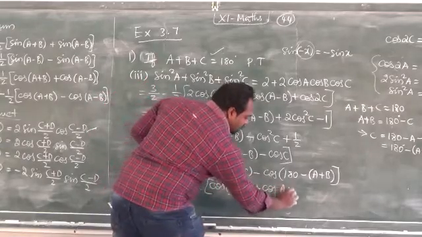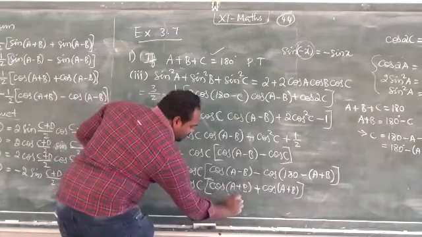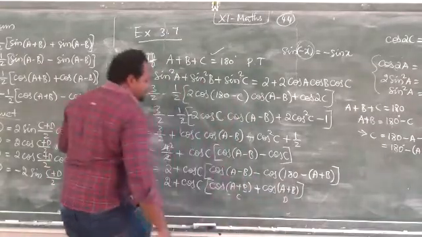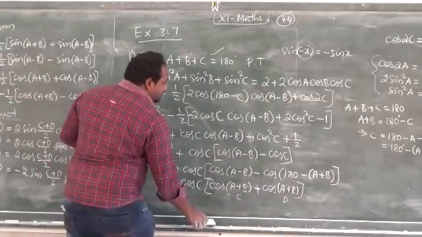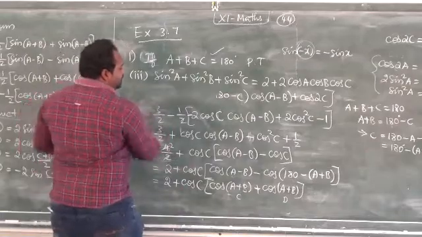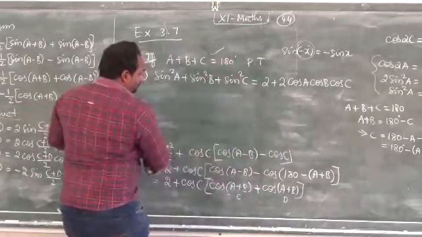Now we have the formula cos c plus cos d, which is 2 cos (c plus d) by 2, cos (c minus d) by 2.